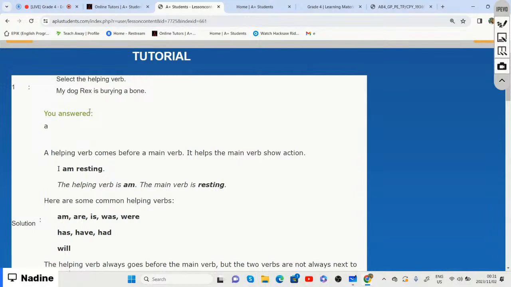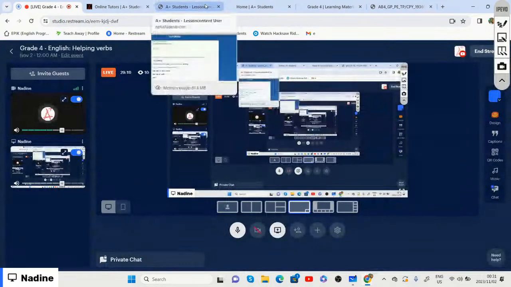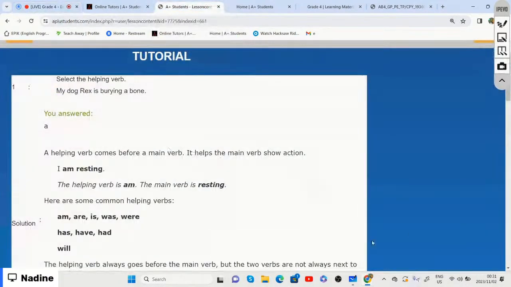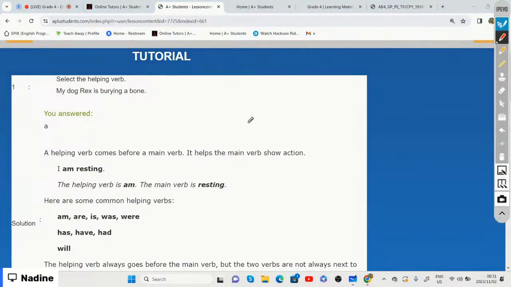So, my dog Rex is burying a bone. If we identify the main verb within the sentence, we will identify the main verb as burying. Something the dog is doing. He's burying a bone. So burying is our main verb.